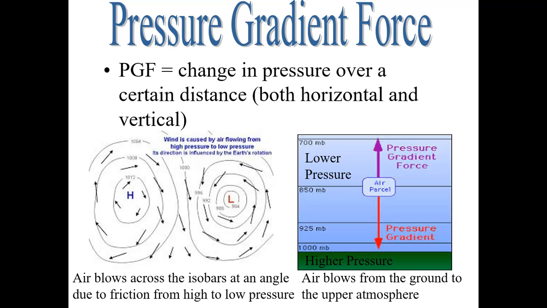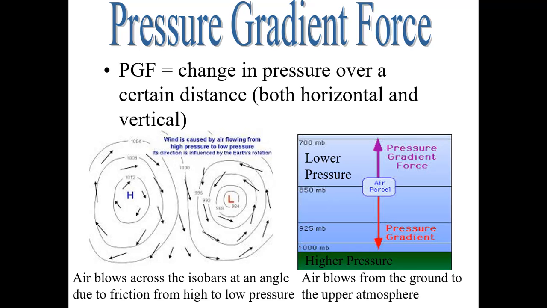So you can actually get higher pressure at the surface and lower pressure aloft, just by virtue of the fact that the air is denser closest to sea level, and it gets less dense as you go up aloft, or the higher you go in the atmosphere. And this creates a pressure gradient force. Air tends to be directed from higher pressure at the surface towards lower pressure aloft.